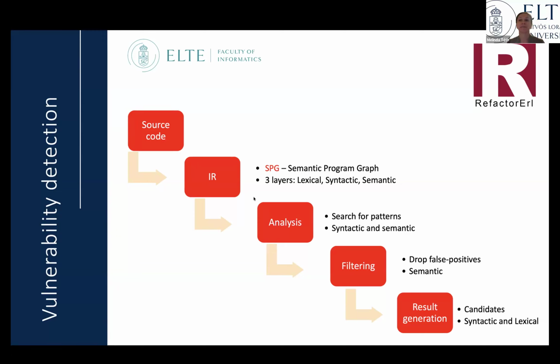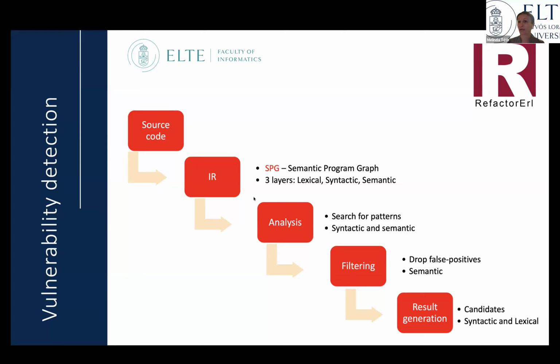When I'm talking about semantic analysis, you can think about very simple ones like calculating the binding structure of the variables, or storing and calculating a static call graph. But for example, we also calculate side effects of functions or the dynamic call information available or calculable from the source code.